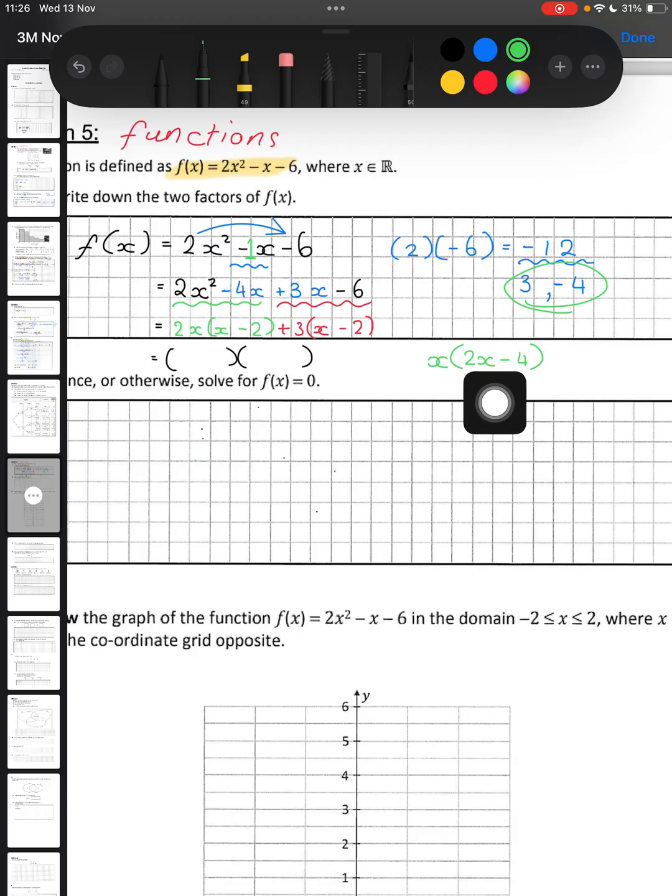They still have something left in common. They still have a 2 that can be factorized out. So technically I have an x times a 2 times an x minus 2 if I factorized out the 2 from in here. And that's where I'm ending up with my 2x and my x minus 2.